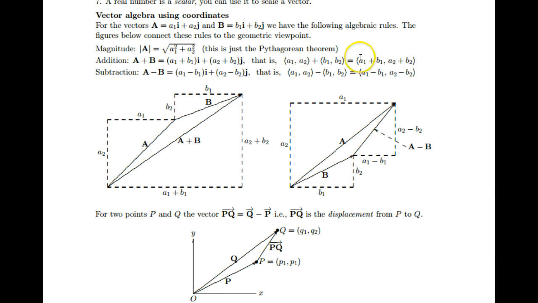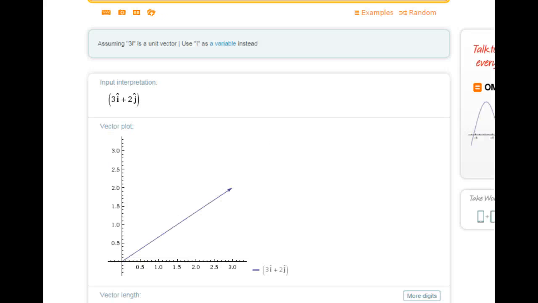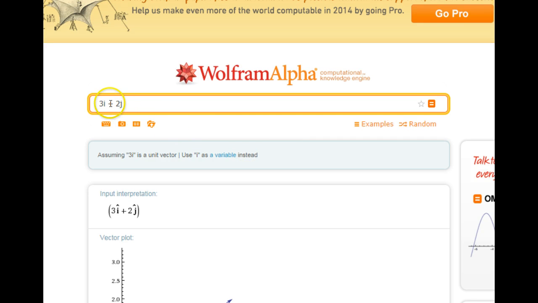Let me just show you real quick what that looks like in Wolfram Alpha. Let's do a more concrete example.